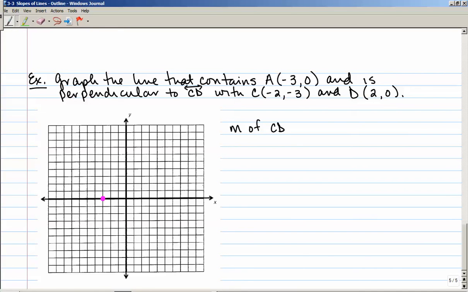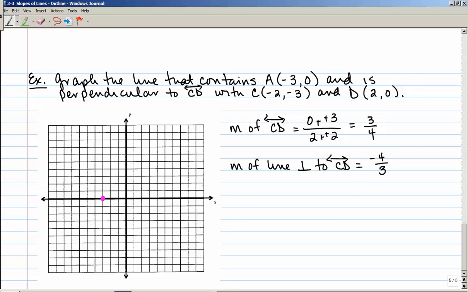So let's find the slope of line CD, and that's going to be 0 minus a negative 3 over 2 minus a negative 2, or a slope of 3/4. So the slope of line CD is 3/4, but I need the slope of a line perpendicular to that. So the slope of the line perpendicular to line CD is going to be the opposite reciprocal of 3/4, which is negative 4/3.